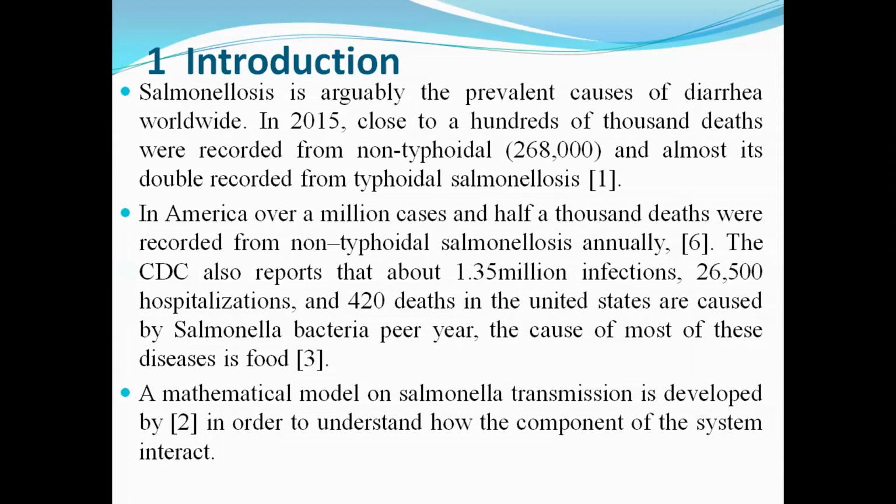It can also be found in raw meat, poultry, eggs, and unpasteurized milk. It is common among children, and people with a compromised immune system, such as older adults, babies, and people with AIDS, are more likely to have severe cases of Salmonella.